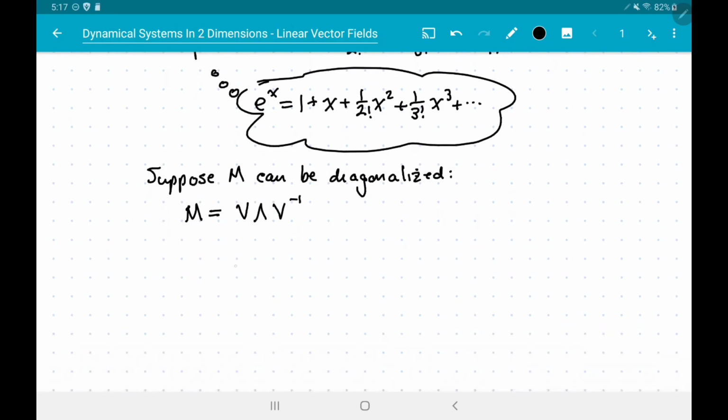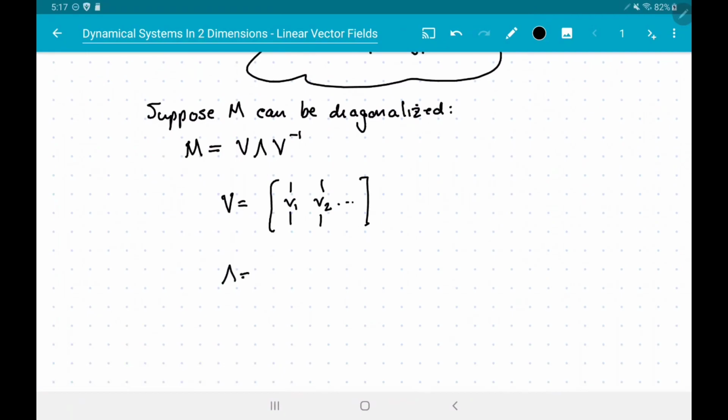And the way this works is that V is a matrix of eigenvectors, and lambda is a diagonal matrix of eigenvalues. So for each one of these eigenvalue-eigenvector pairs, we have that M vj equals lambda j vj.